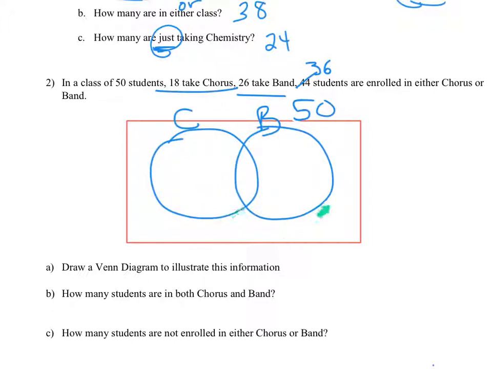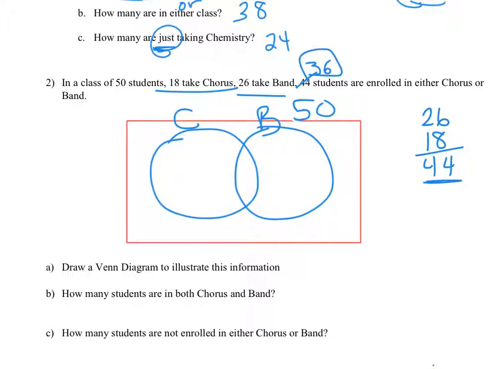This one is band, so that should be 26. Altogether, if you add these numbers together, it should be 36. But when I add 26 plus 18, I get 44, which is more than 36.